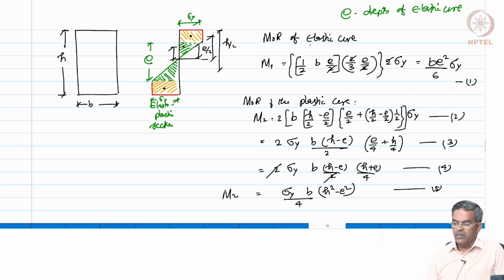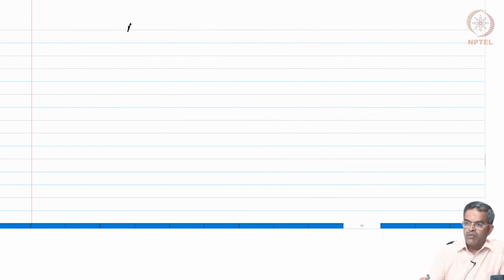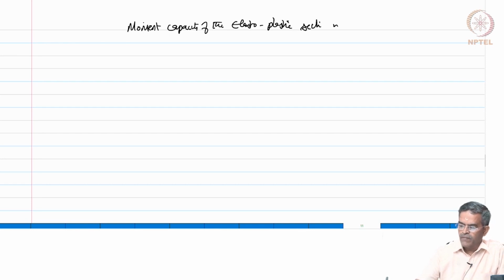So, now friends, the total moment carrying capacity of this elastoplastic section will be sum of these. So, the moment capacity of the elastoplastic section will be M, which is M1 plus M2.